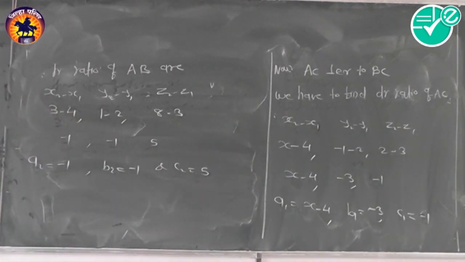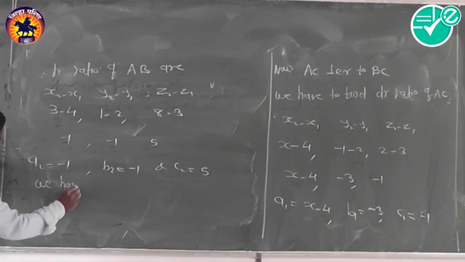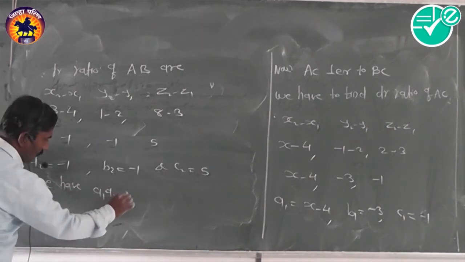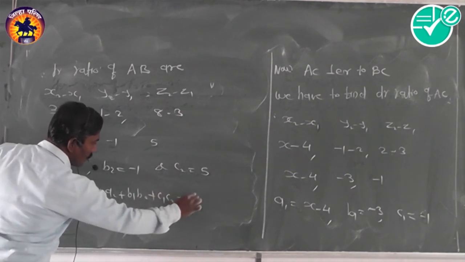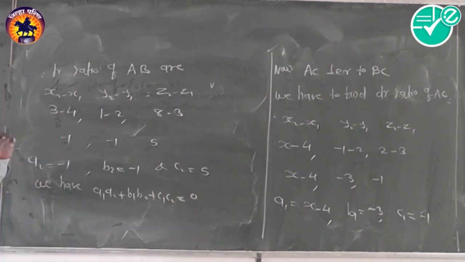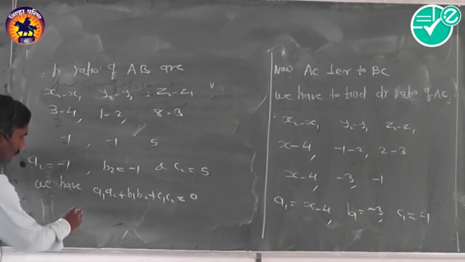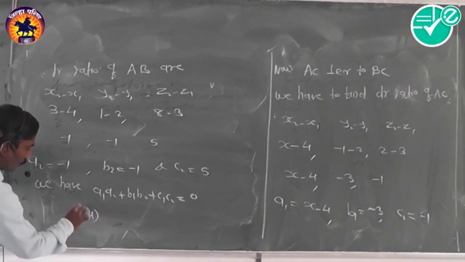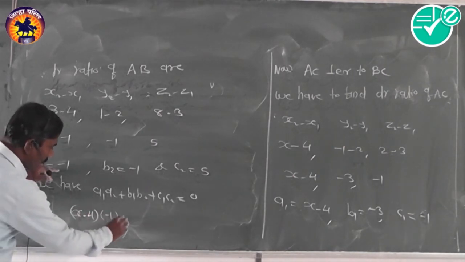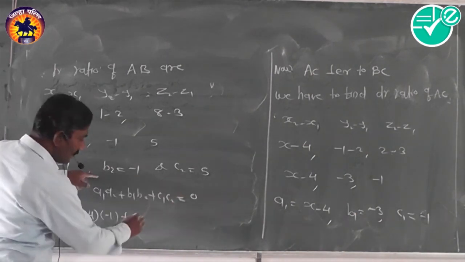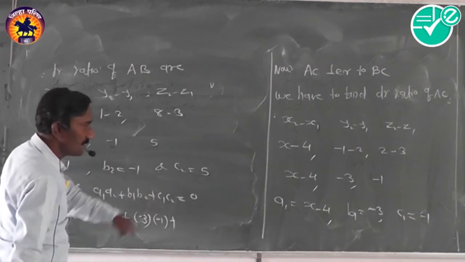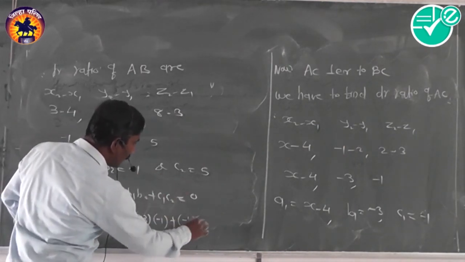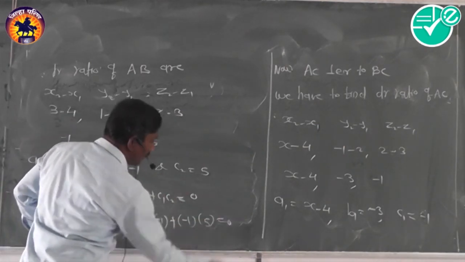Now we have that the two lines are perpendicular to each other. Therefore, A1 A2 plus B1 B2 plus C1 C2 is equal to 0. So A1 is x minus 4, A2 is minus 1, B1 B2 is minus 3 times minus 1, C1 C2 is minus 1 times 5, equal to 0.